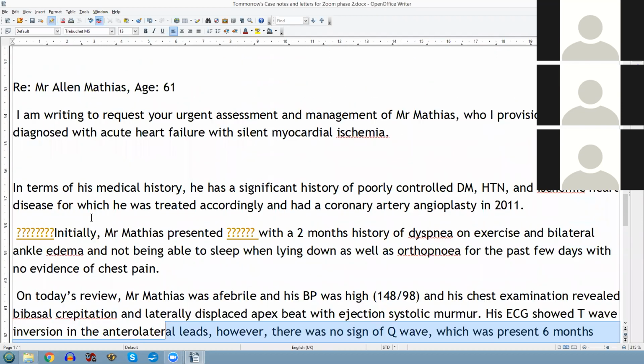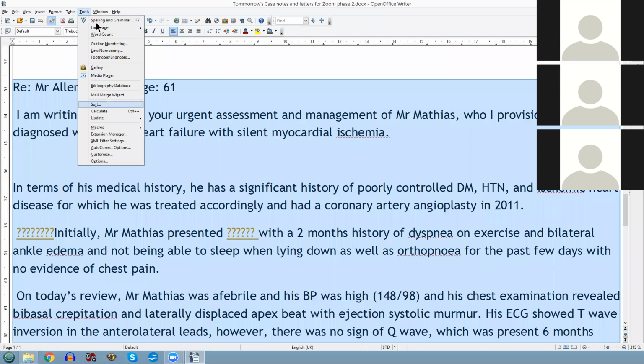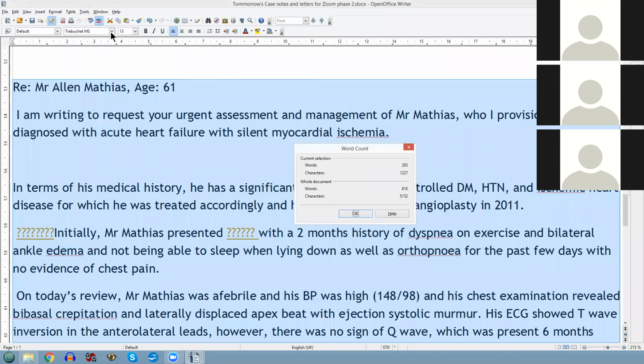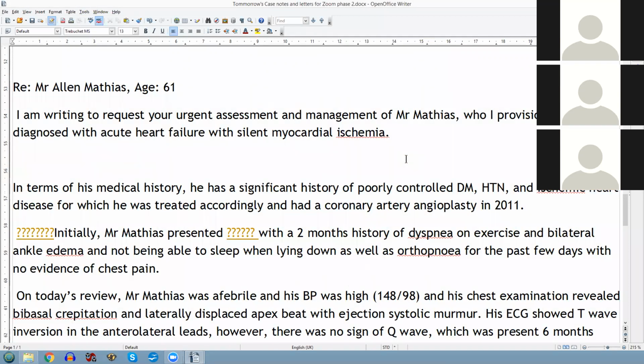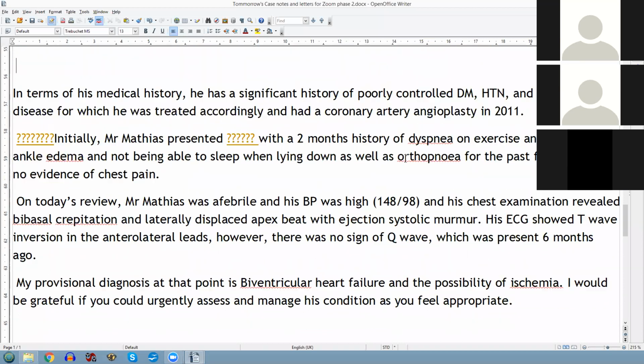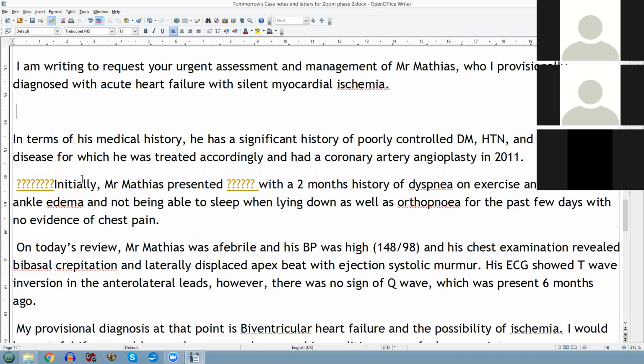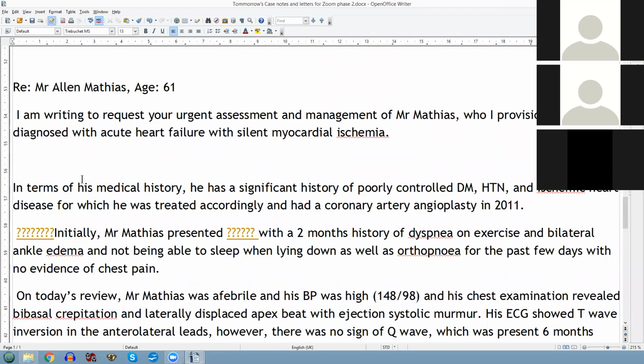It's very concise. Let me just check the word count. Where are we? Sorry. 203. That's pretty good. Now that's very concise. Right? I would maybe put in again some of the dates, but it's very concise, direct, and to the point.